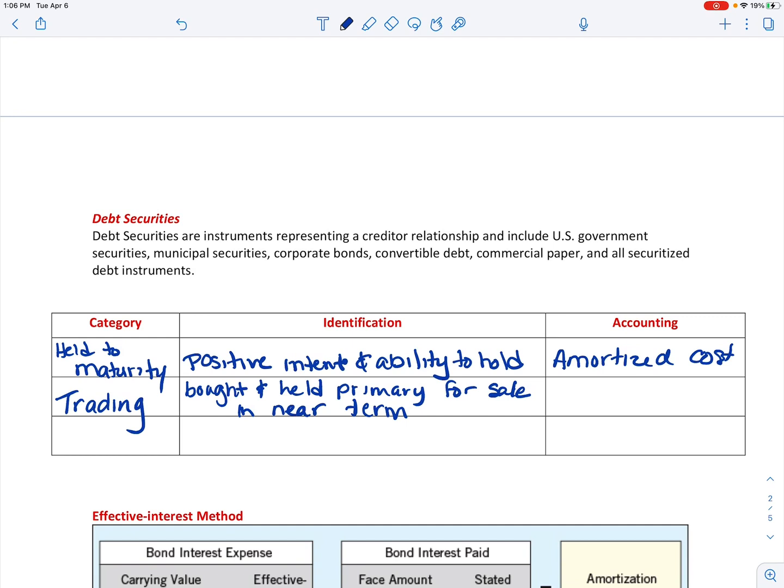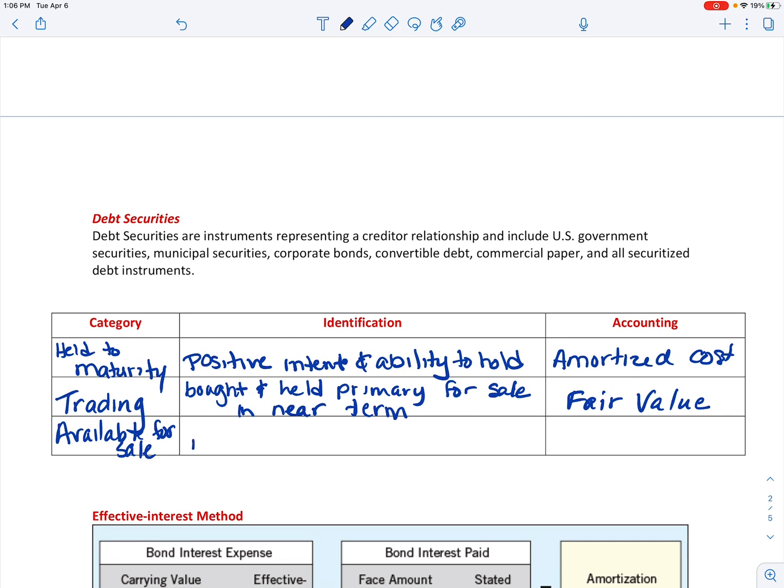So this is kind of like they want to make some quick money. They're buying something just to sell it once they make some money off of it. This is recorded at fair value. And the last category is available for sale. And this is basically the catch-all.